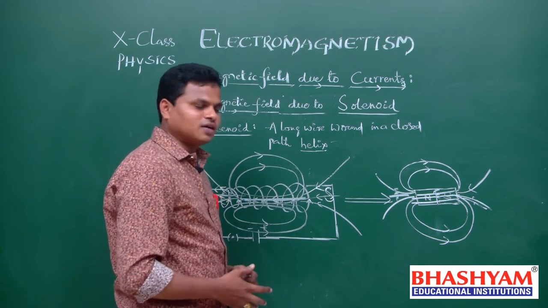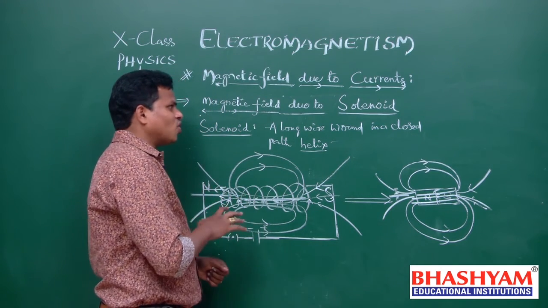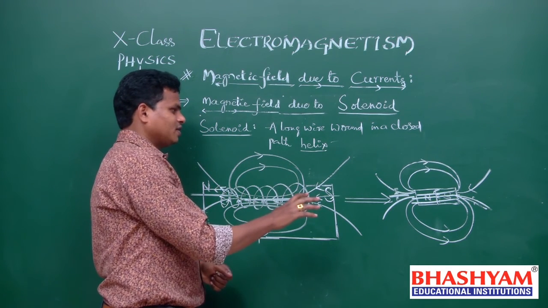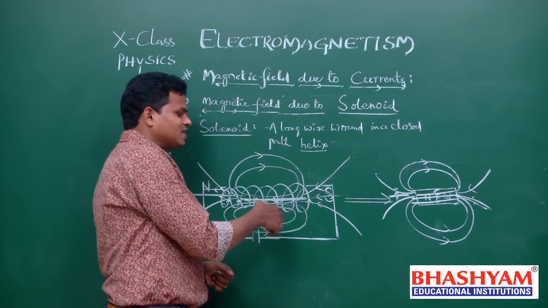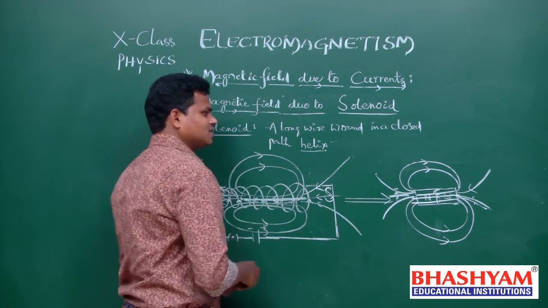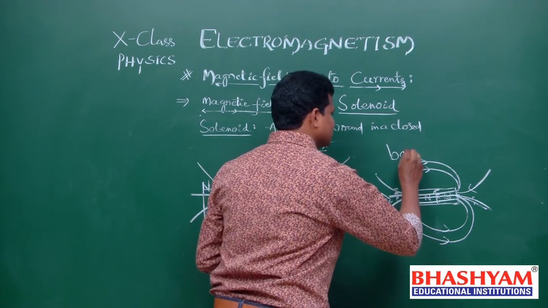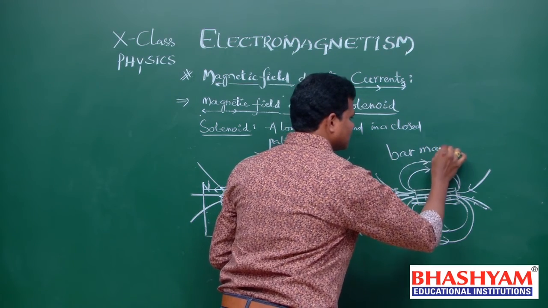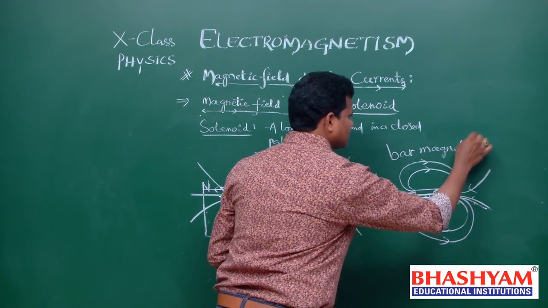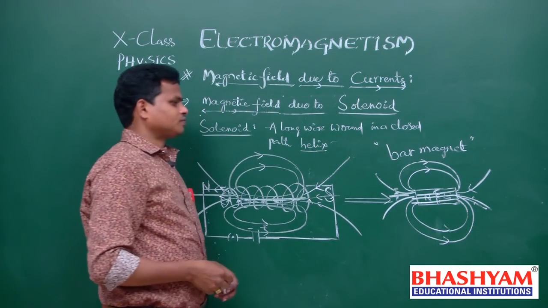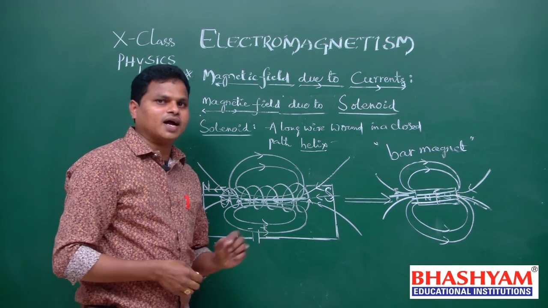What you understood is that when the current passes through the solenoid, the solenoid behaves as a bar magnet. This is the bar magnet, by using the right hand rule.